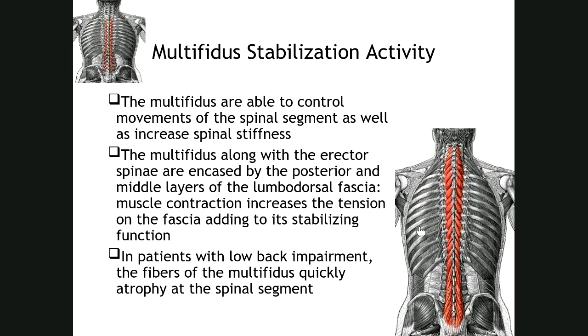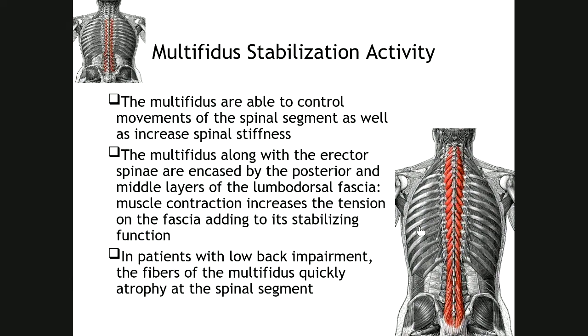When we talk about the abdominals, that's also part of the brace. And we're going to talk about some muscles that are in the upper portion and lower portion as well. So in patients with low back impairment, the fibers of the multifidus kind of atrophy quicker at the spinal segment that's affected. An example of that would be my patient that has a lumbar L4, L5 disc herniation.